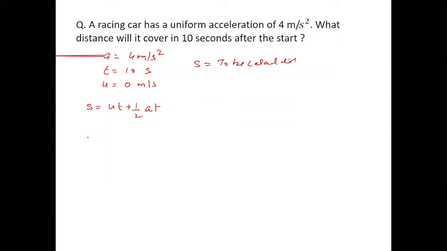Okay. So ut, that is 0, plus half into 4 into 10. So 2 cancel, 2 cancel, and this is a square.